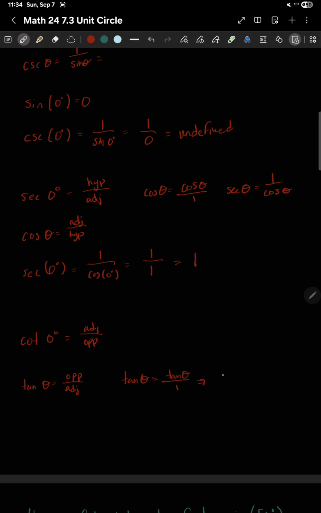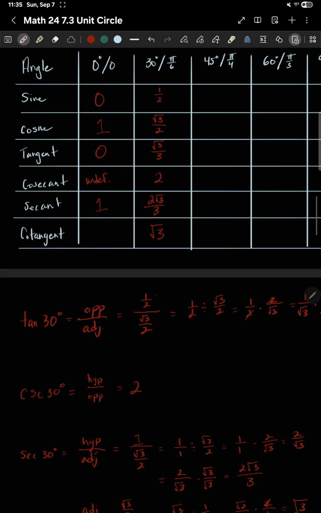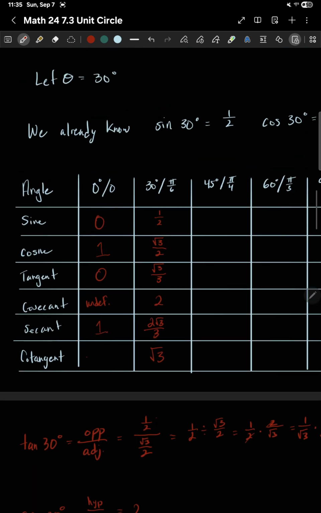So that must mean that cotangent of theta is equal to that flipped, which is 1 over tangent of theta. So cotangent of 0 degrees is equal to 1 over tangent of 0 degrees, not theta. Keep doing that. Sorry about that. Which is 1 over 0. And so can we divide by 0? No. So this one is also undefined. And so we get undefined here as well.